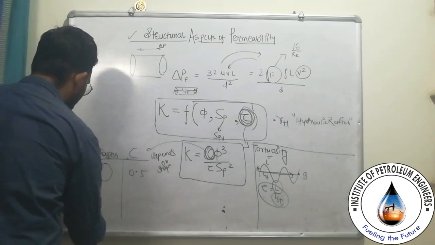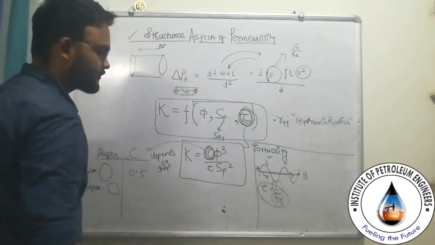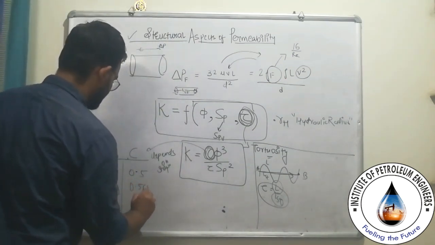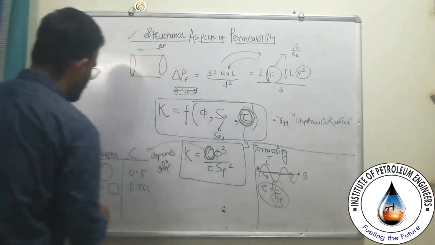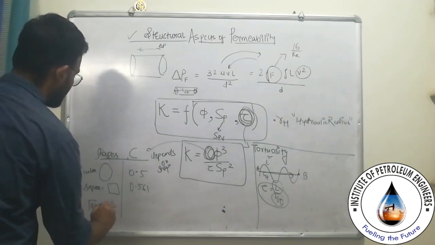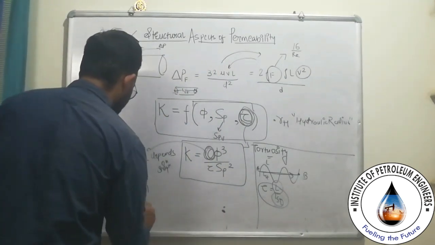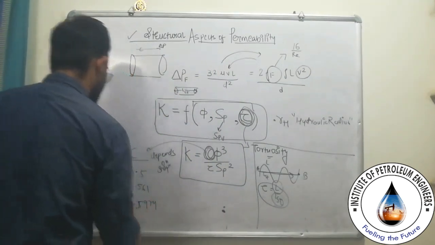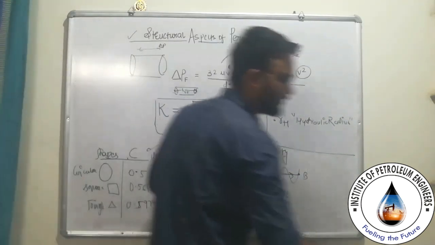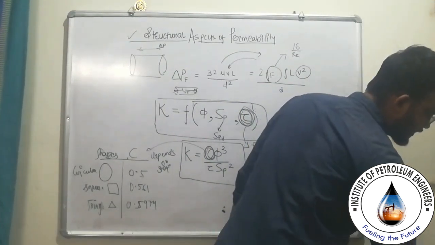When my cross section is square, C is 0.561. And when my cross section is triangular, equilateral, let's assume, the C value is 0.5974. Okay, so these are the values. Just note them in your notes, and let me check if this formula was fine, because I always tend to forget the formulas. Yeah, fine, great, right.